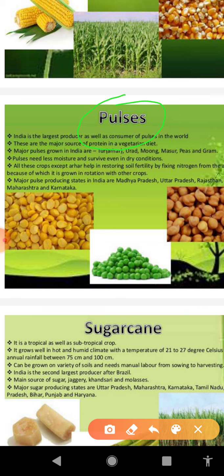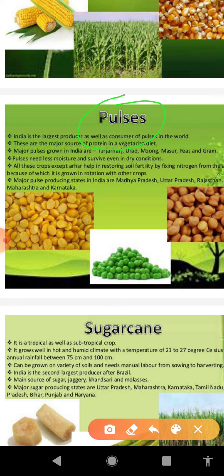Another benefit is that as these pulses are leguminous crops, they help in restoring the fertility of the soil by fixing atmospheric nitrogen in the soil. So the farmers of our country grow pulses in rotation with the other crops.